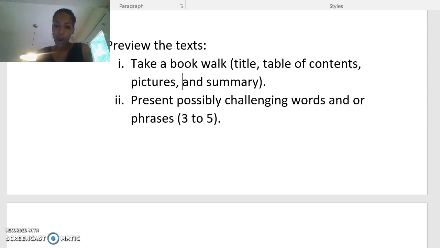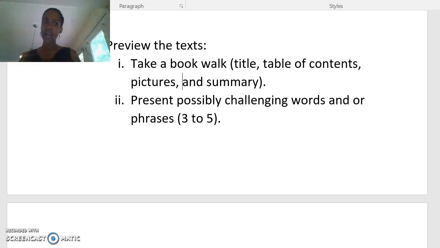Again, you want to pick words that are not challenging for the sake of being challenging, but words that also back up what you're going to teach that day. So if this is a word that will also enhance your lesson for that day, then that is definitely a word that you want to present to the students if the students have no frame of reference for this word.